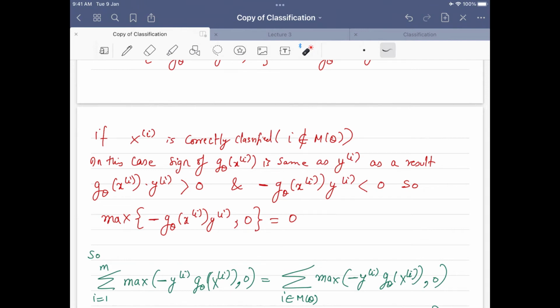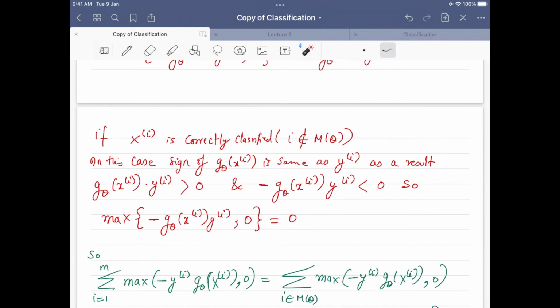And if you take minus, then it will become less than 0, because the inequality will be reversed. And now when you take the max of this comma 0, what you will get is 0 as the answer, because this particular expression here will be less than 0, and if you take the max of less than 0 comma 0, you will get 0 as the answer.